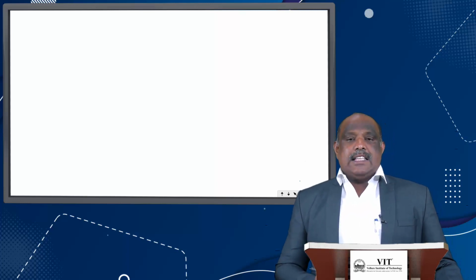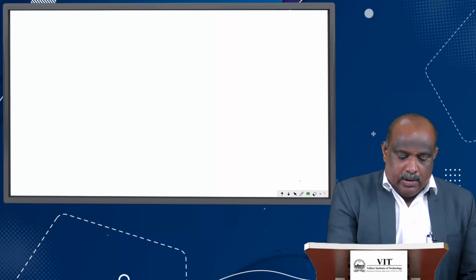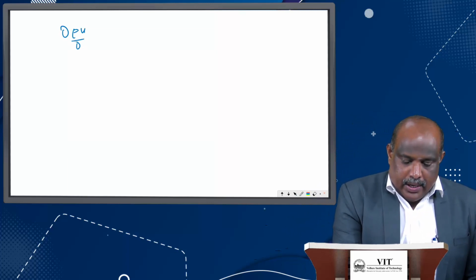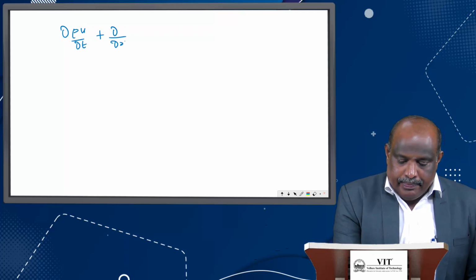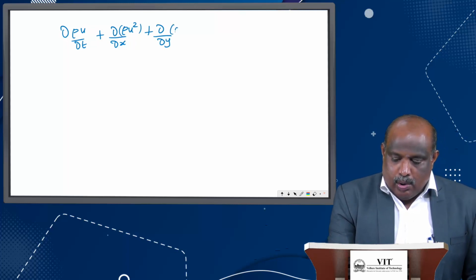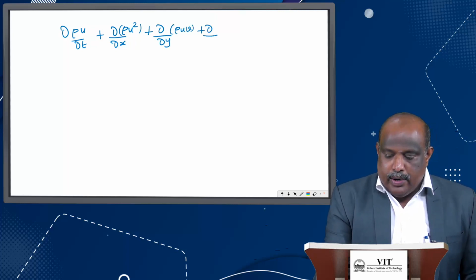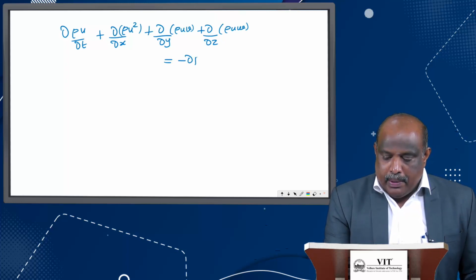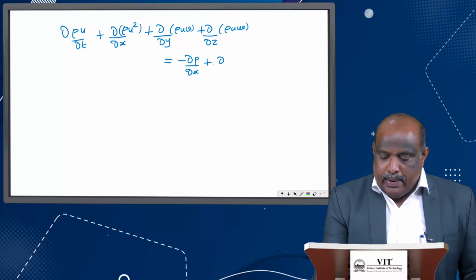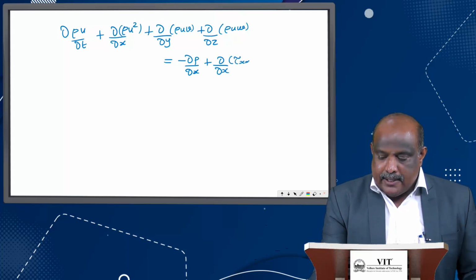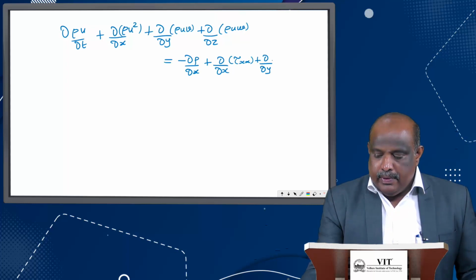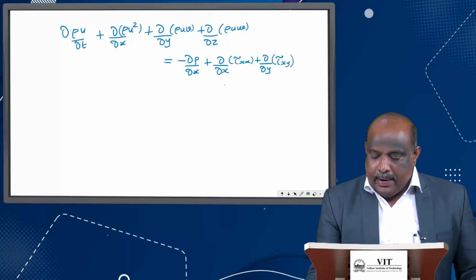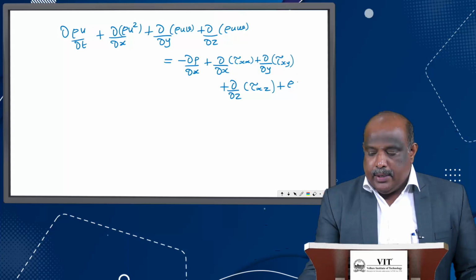So let me take the x momentum equation or the u momentum equation, which is given by dou rho u by dou t plus dou by dou x of rho u squared plus dou by dou y of rho u v plus dou by dou z of rho u w is equal to minus dou p by dou x plus dou by dou x of tau xx plus dou by dou y of tau xy plus dou by dou z of tau xz plus rho into fx.